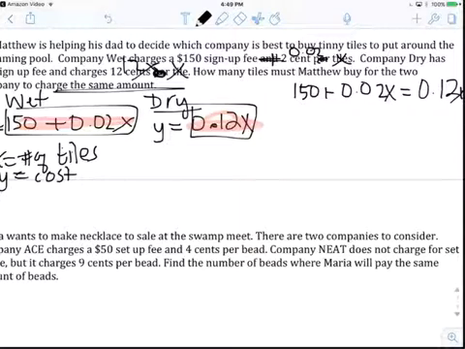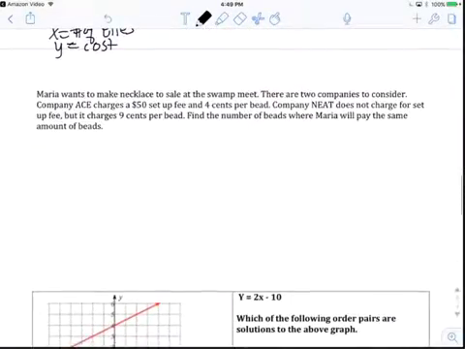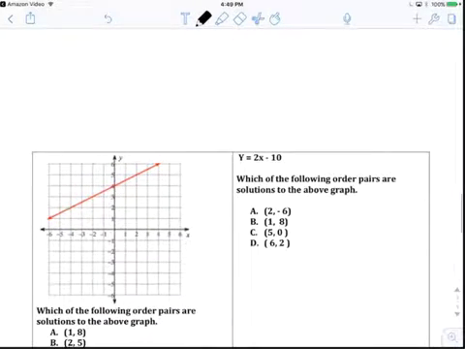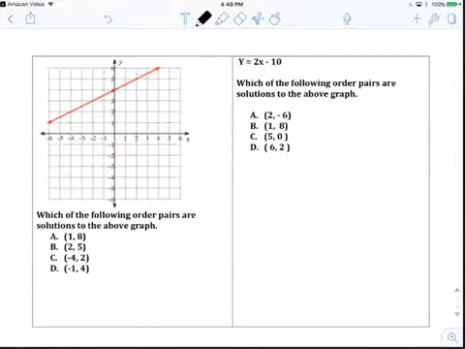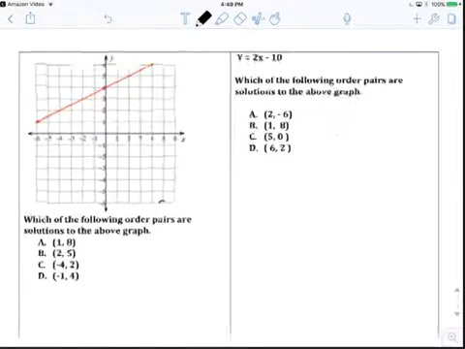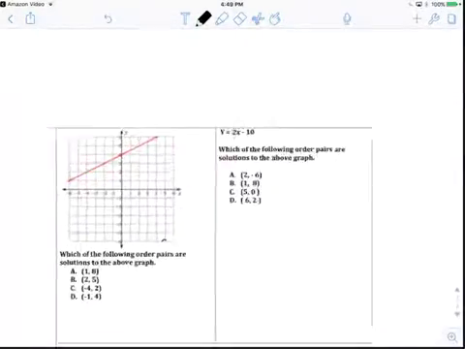And then you solve it to find how many tiles Matthew has to buy. Same thing here, I want you to try on your own. Here we went over in class, this one we went over in class, I believe, so we're good, right? I hope.